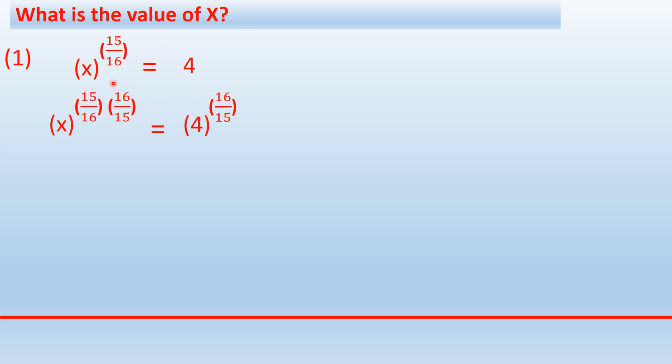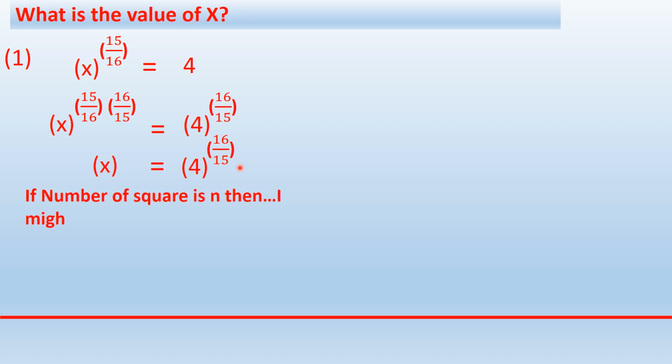So we just add this portion of the equation on the top, so it does not make much difference. When we do that, the 16s and 15s cancel out, so x stays as it is. So x is equal to 4 to the power of 16 over 15. So that is the answer.